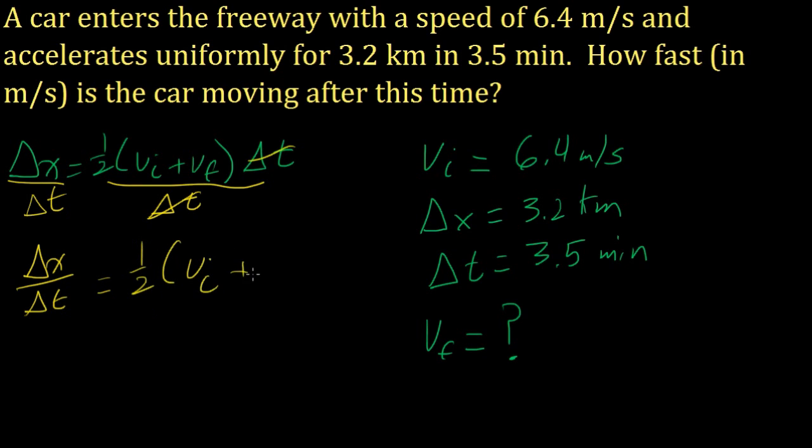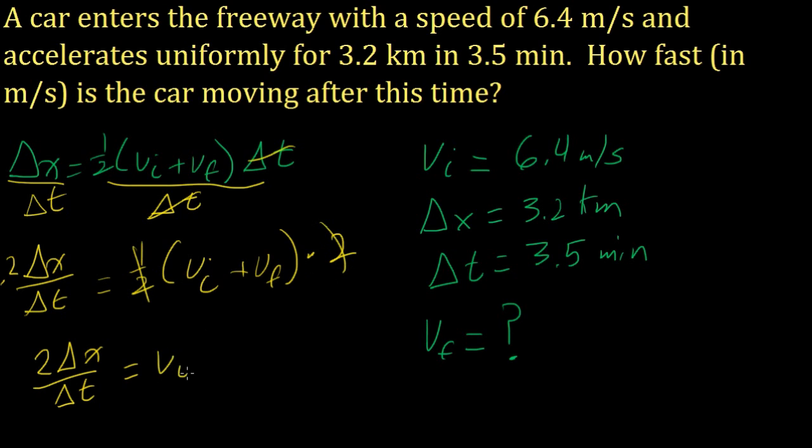vi plus vf. Now to get rid of that half, I'm going to multiply both sides by 2. So I end up with 2 delta x over delta t equals, oops, we got rid of the 1/2, that's what we just did. So it just equals vi plus vf.